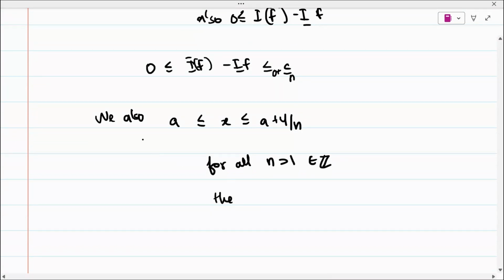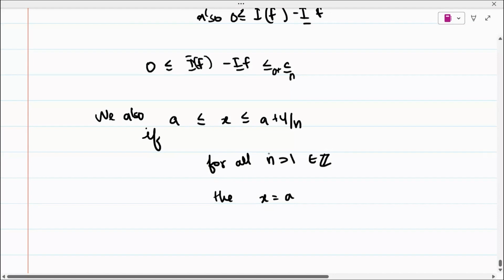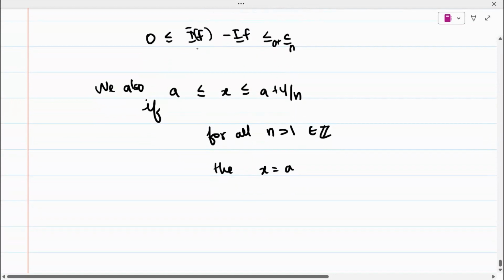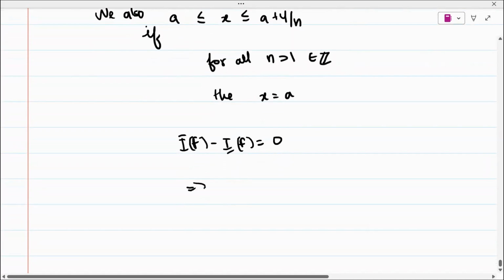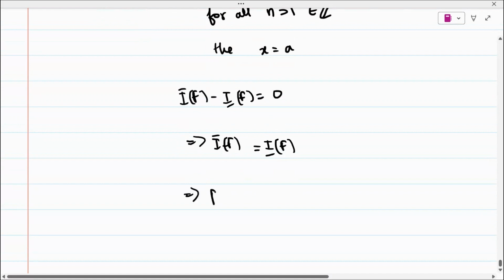Then if x equals a, with the same difference, it is equal to a, which is 0, which implies the result.